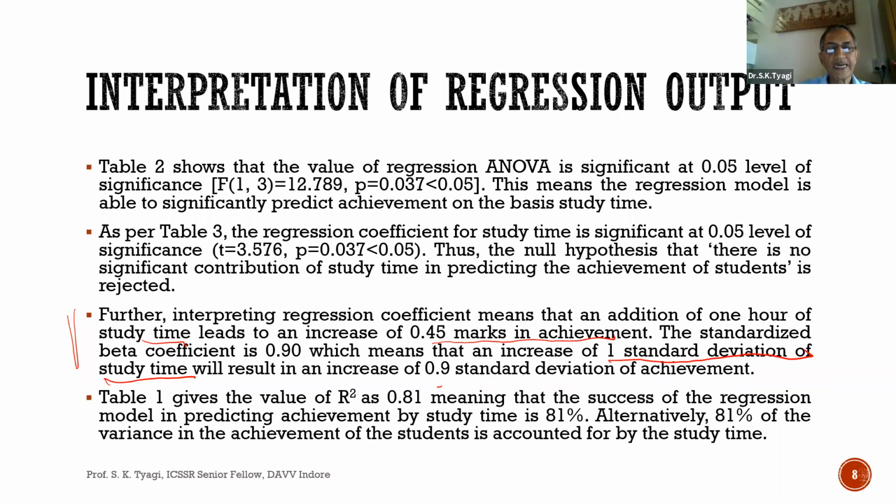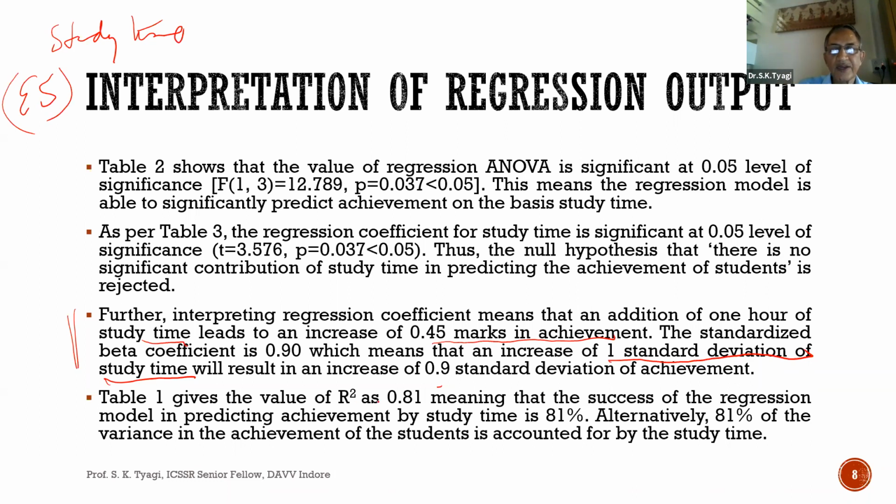Now we come to table 1 last. Table 1 gives the value of R square as 0.81. Now this is effect size. Effect size for study time. How much is this affecting the achievement.